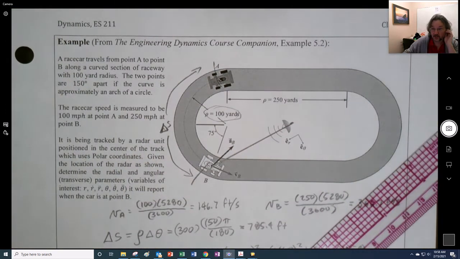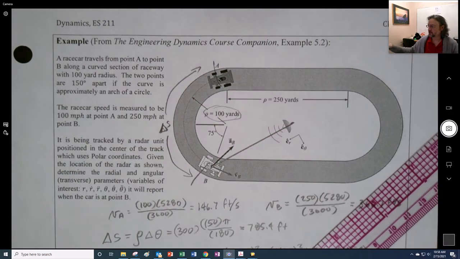Well, now when we're dealing with polar coordinates, you should kind of organize your thoughts. Look for the variables of interest, right? And so that's going to be r, theta, r dot, theta dot, r double dot, theta double dot. We're on a mission to try to find those. Now we might be given them, or we might need to take the derivatives of some functions to find them, but that's the basic approach. We want to try to find those variables of interest.